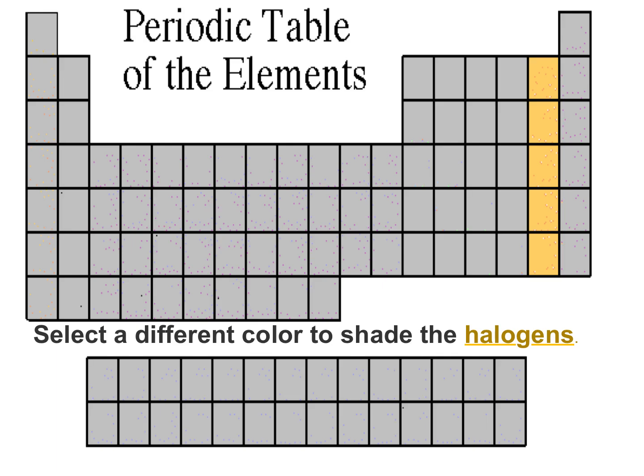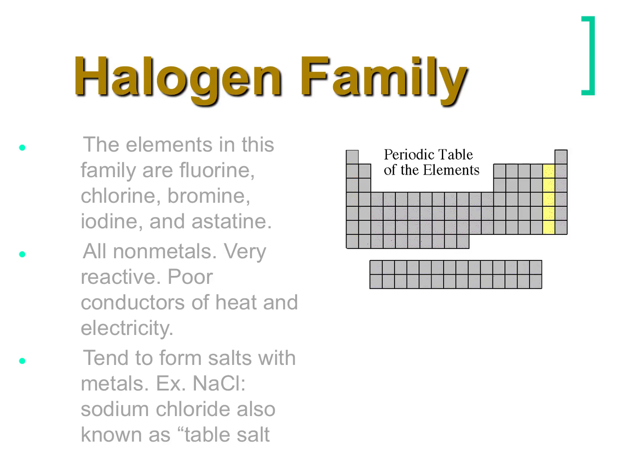Many people think chlorine is chlorine bleach, and there are compounds that contain chlorine in chlorine bleach, but pure chlorine is a gas and it's very dangerous. You wouldn't want to be around it. You wouldn't want to breathe it. So you're going to color your halogens and label that in your key at the top of your periodic table.